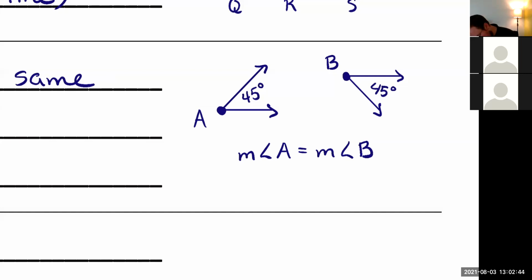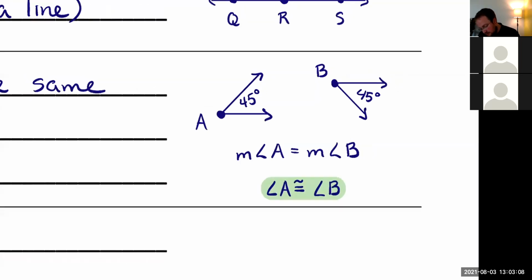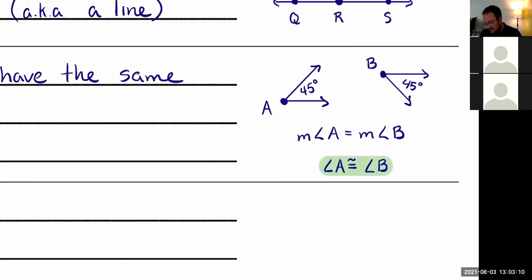Or we could say that angle A is congruent, which from yesterday, if you recall, is an equal sign with a little tilde above it. So angle A is congruent to angle B. I would say of the two, I probably use this one more frequently, but both would suffice.